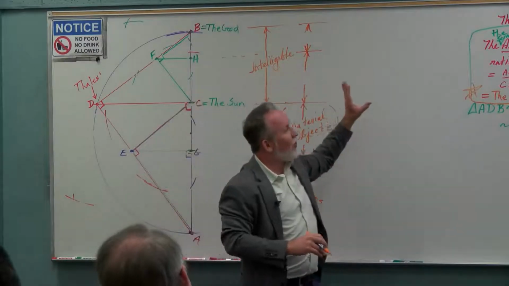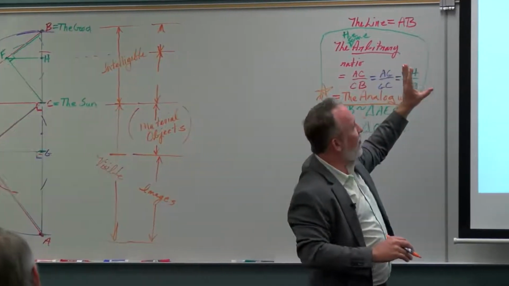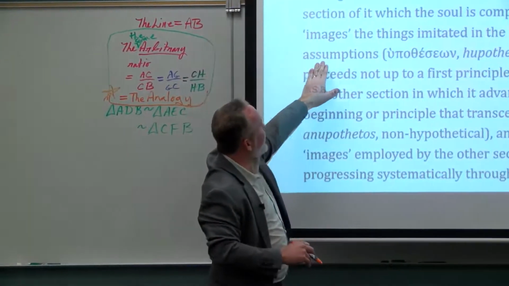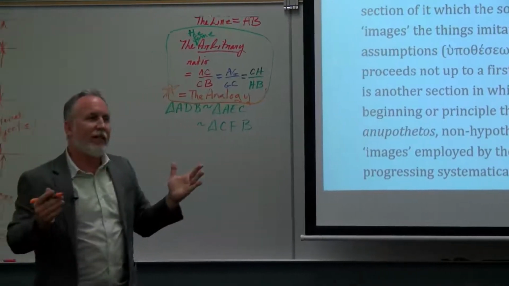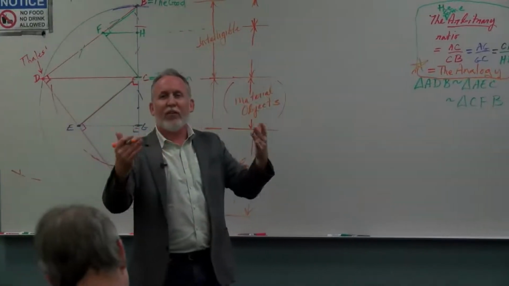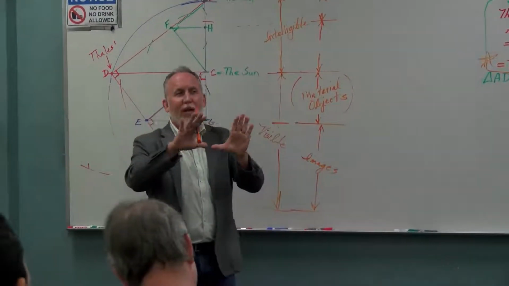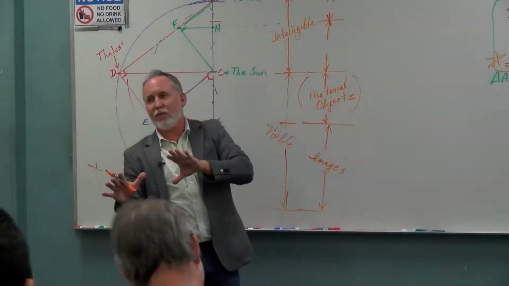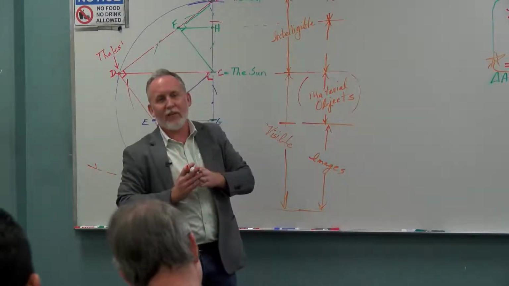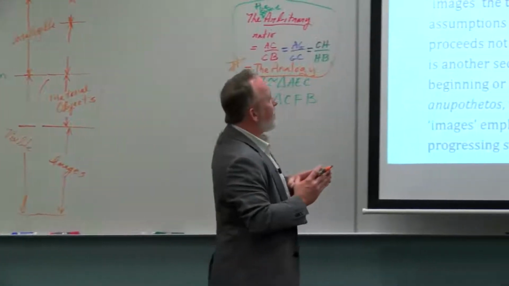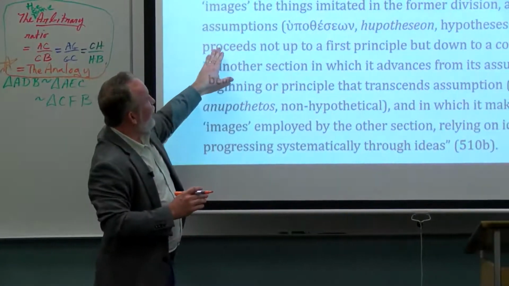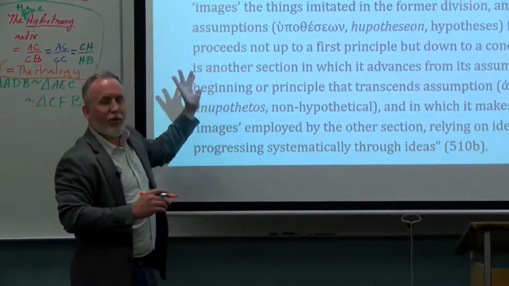And so in this region, we use assumptions. We use hypotheses. Just like in the study of geology, you come up with a theory, and then you try to see how well the physical world conforms to that theory. And so when we think in this way, we don't proceed up.